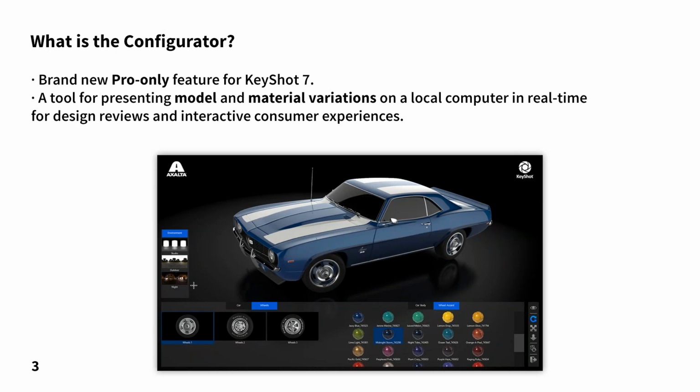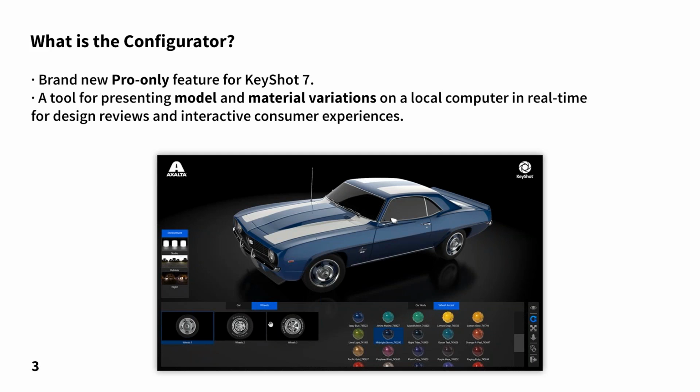So what is the configurator? As I mentioned, it's a brand new Pro-only feature for KeyShot 7. And it is a tool for presenting model and material variations on a local computer in real time. This is for design reviews and possibly interactive consumer experiences. So here's a screenshot of that presentation mode I mentioned, and is an example of what the configurator end result might look like.